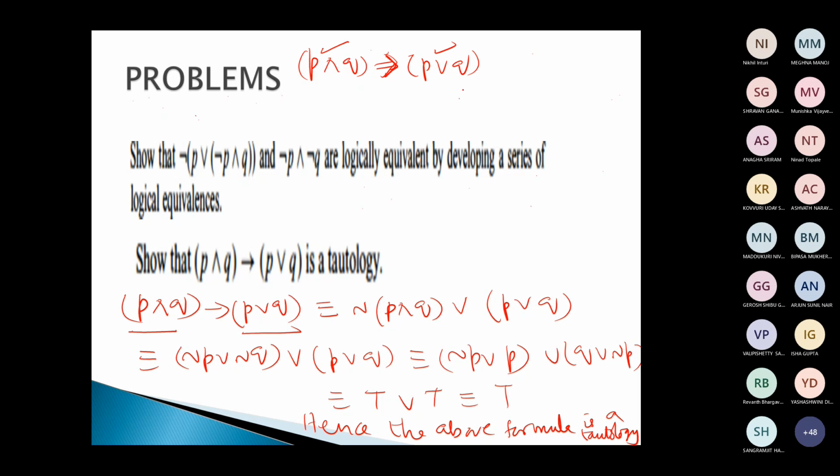But whenever P or Q is true, P and Q need not be true, right? The other way it is true. But I can give you this one: P tends to Q, this is double arrow. Whenever this is true, this is true, and whenever this is true, this is true. Both sides implication is true. So this is equal. Got it? Yes, ma'am.